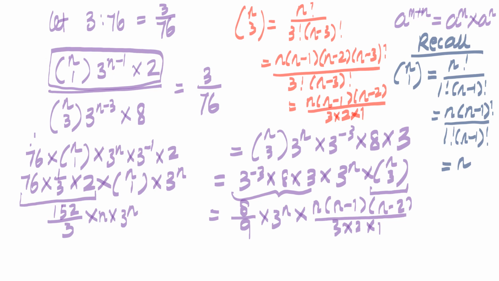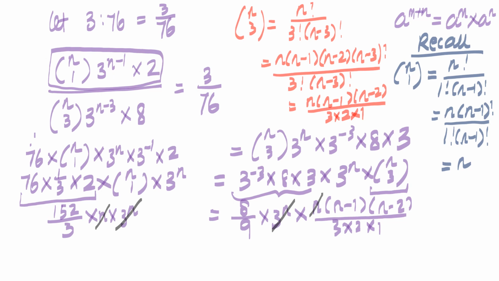Right, some of the terms we can simplify further. For example, you can divide both sides by 3 to the power of n, so 3 to the power of n can be gone, and also you can divide by n on both sides, so these are the things that will be gone.